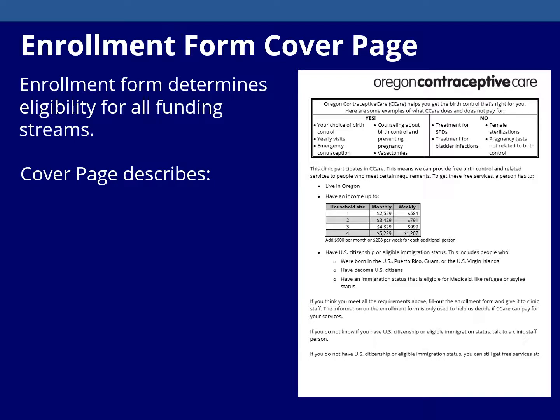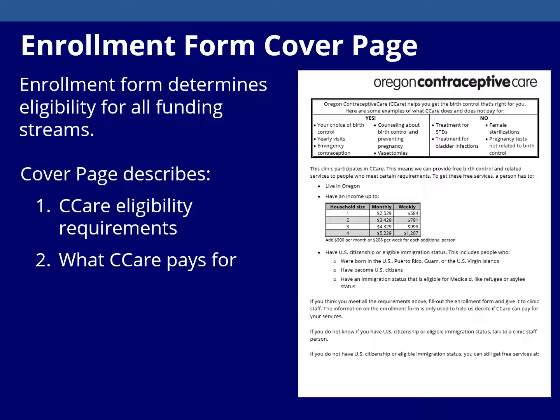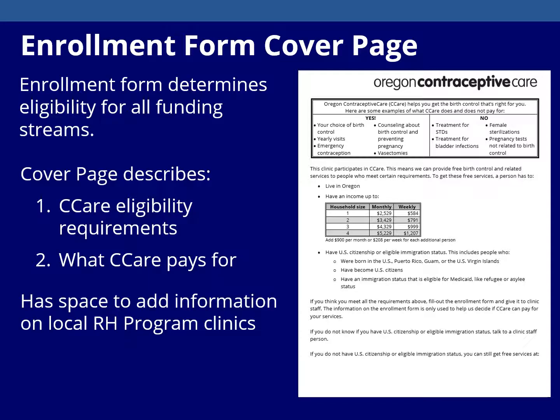However, we also wanted clients to understand what they can get at C-Care only clinics, so we developed a special cover page for the enrollment form. It describes the C-Care eligibility requirements, what services are covered, and has space at the bottom where you can add your local full RH program clinics.